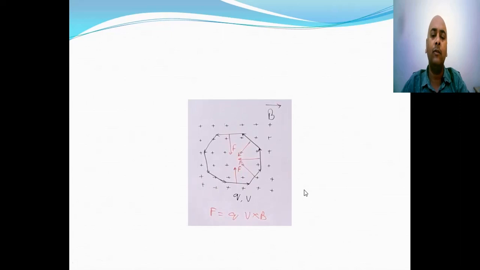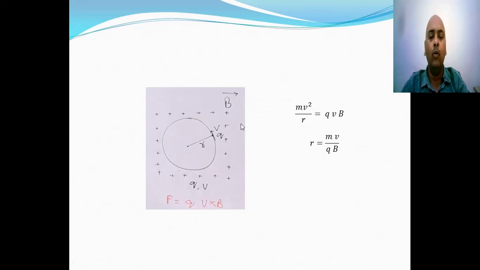And if the strength of the applied magnetic field is above the critical value, then it is possible that the direction of motion becomes curved and it finally follows a circular path. Now our aim is to calculate the relation between the magnetic field B and the radius R of the circular path that is followed by the charge.